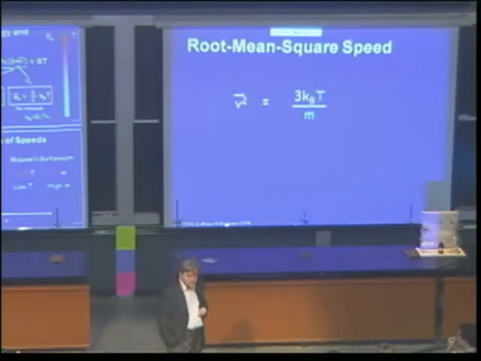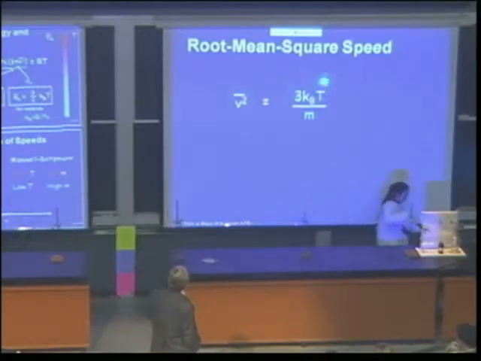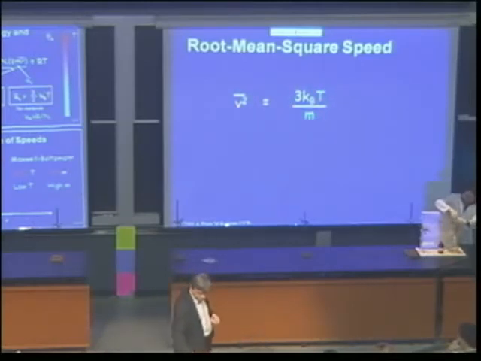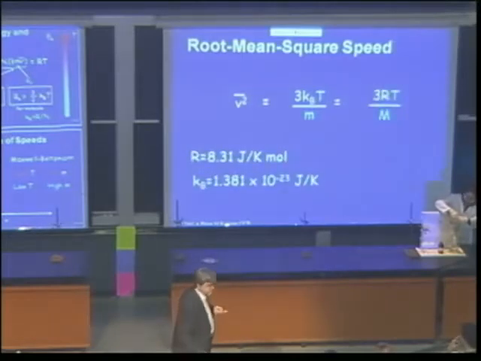And the root mean square speed is, I have derived this here. The mean square speed is 3 k_B T divided by m, and this is 3RT divided by m.